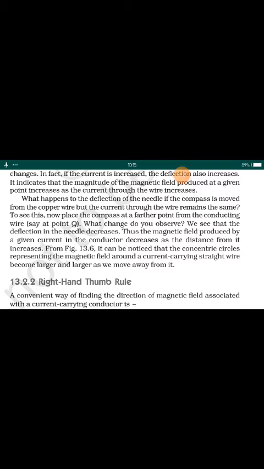We see that the deflection of the needle decreases. डिफ्लेक्शन क्या होता है? डिक्रीज होता है, धीरे धीरे डिफ्लेक्शन जो है वो डिक्रीज होता है। Thus, the magnetic field produced by the given current in the conductor decreases as the distance from it increases.